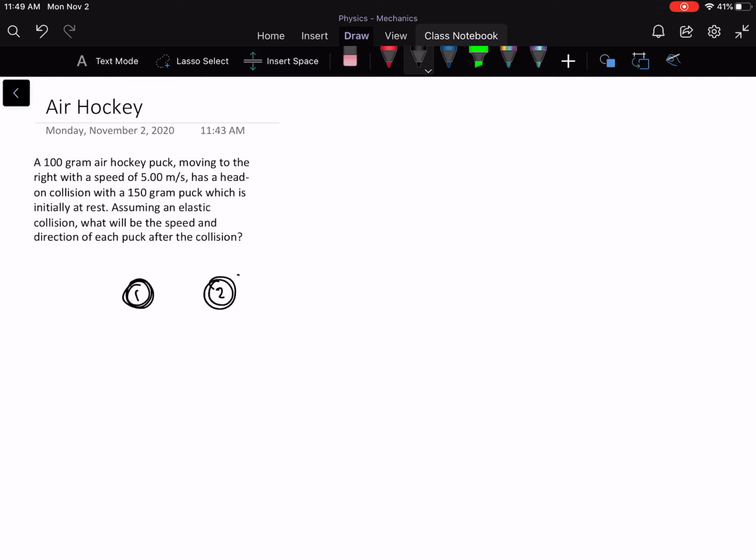And we're told that the second one's velocity initially is 0 meters per second. It's stationary. And the first one is moving to the right with a speed of 5 meters per second. Okay, we're told the masses of these two things, and to assume an elastic collision and determine the speed and direction of each puck after the collision.